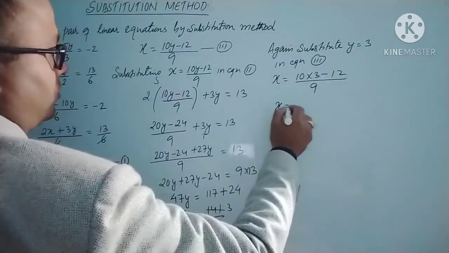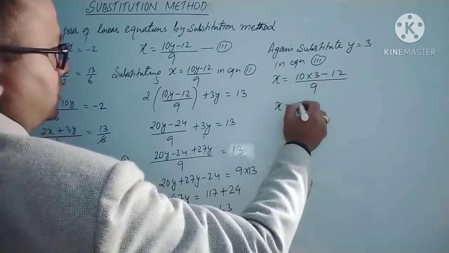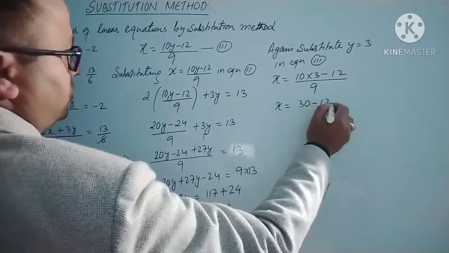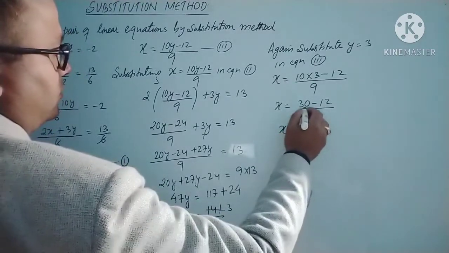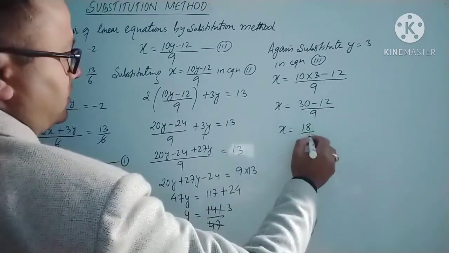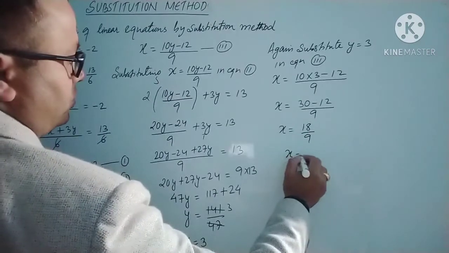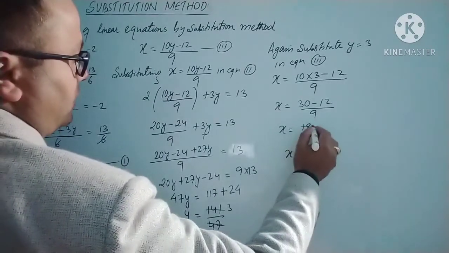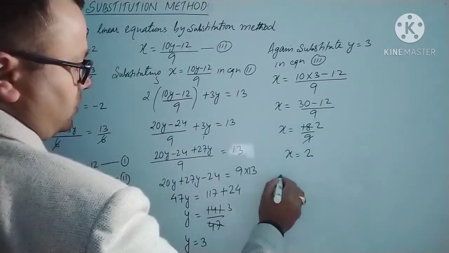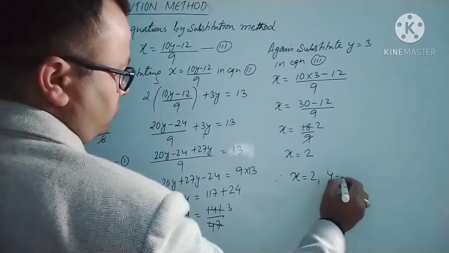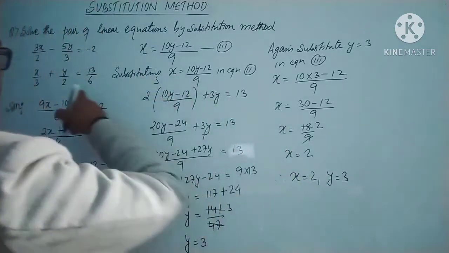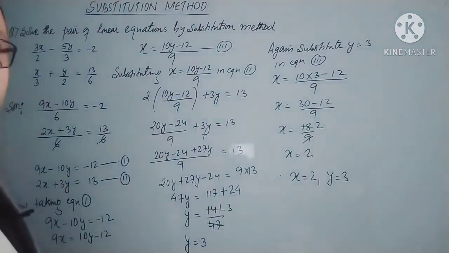So x equals 10 into 3 is 30, minus 12, divided by 9. x equals 18 by 9. x equals 18 by 9, 9 twos are 18, so 2. Therefore x equals 2, y equals 3 are the solution of the pair of equations.